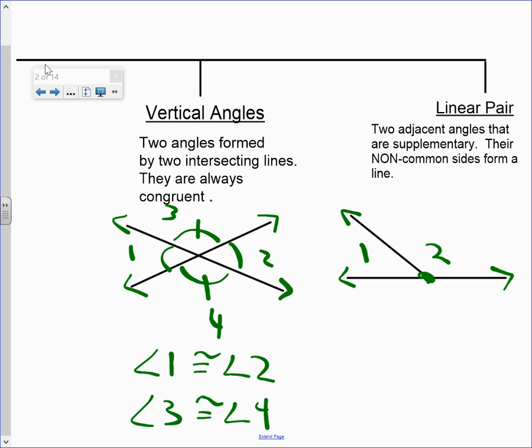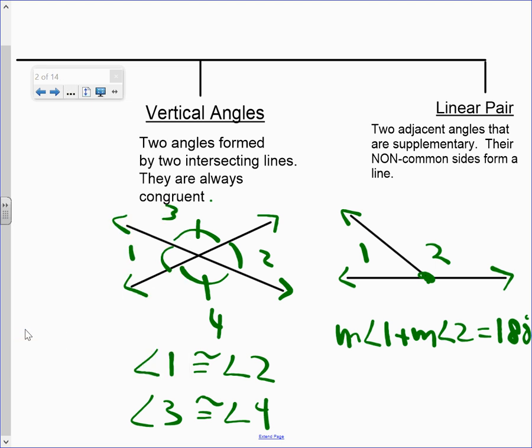You can see they're a straight angle if you add those up. So let's write a small equation to remind us of their supplementary nature. The measure of angle 1 plus the measure of angle 2 equals 180 degrees. And they're called a linear pair.